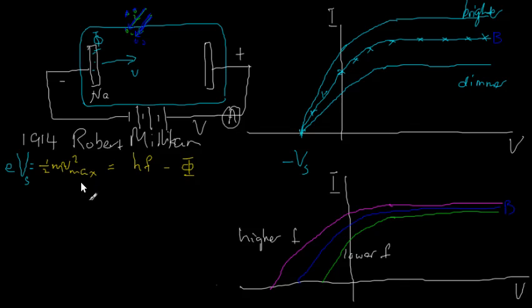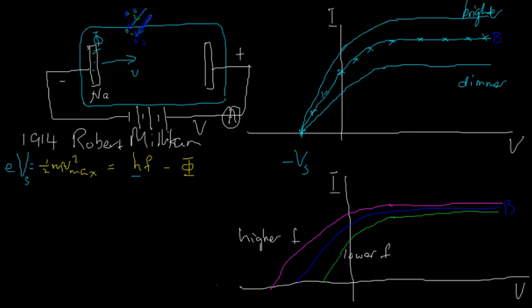And the idea in Millikan's measurement to measure Planck's constant, meaning to measure the h here, that Millikan measured, is simply to plot a graph of the stopping potential against f. Because if you look at Vs and f, they are like what you see in a straight line graph.